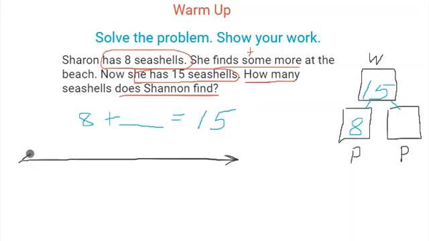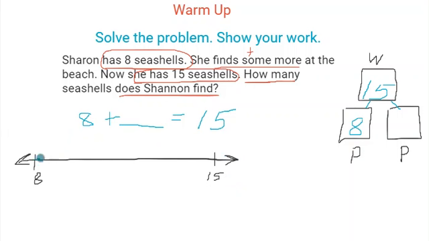We have our whole, which is the 15, at the end here, so that's going to be 15. And we start out with 8. Now, can we add 10 to that? Well, 10 plus 8 is 18, so that's more than 15. No. So let's make a 10.